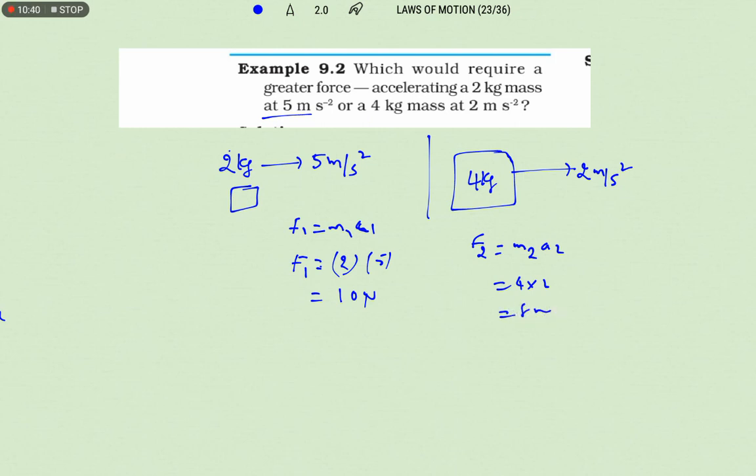So which will require greater force? The 2 kg mass accelerating at 5 meter per second square requires greater force. So in this way we can do the problems related to this. Right, now let us do the next one.